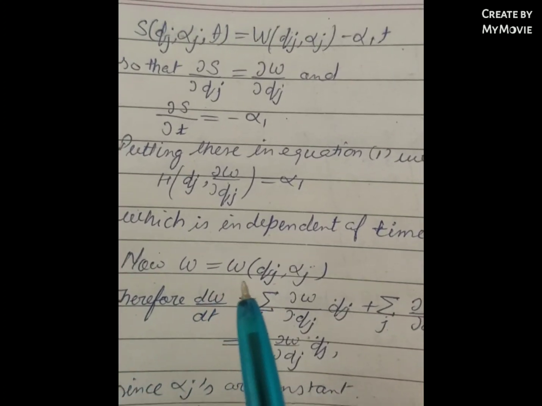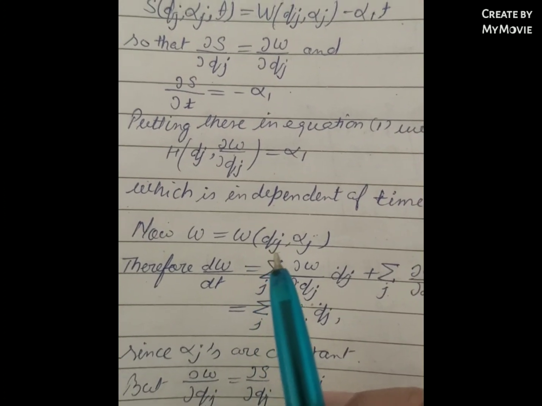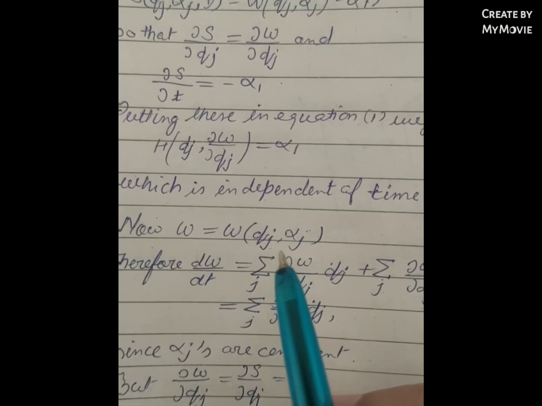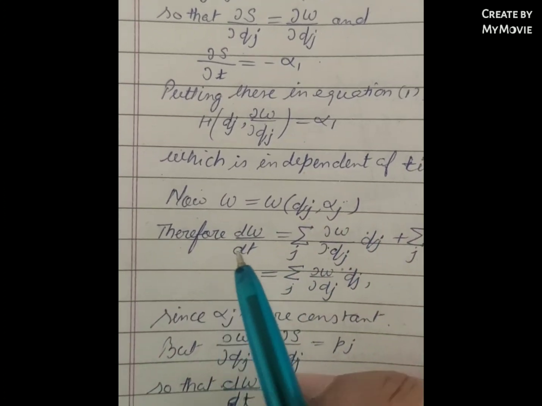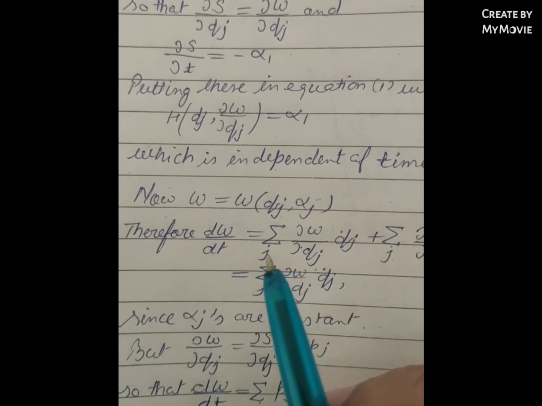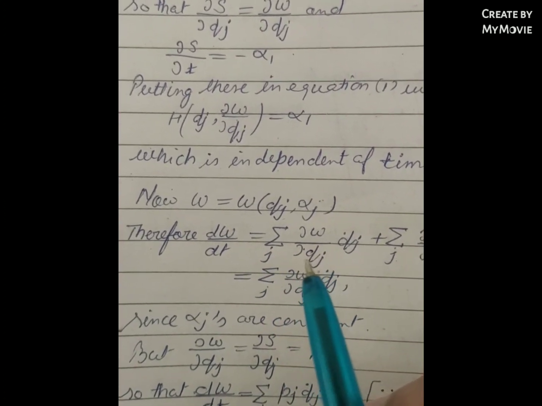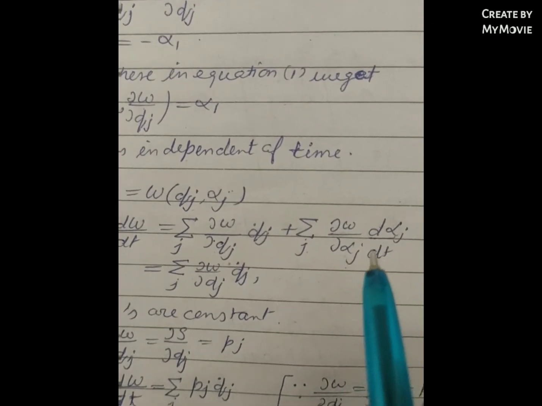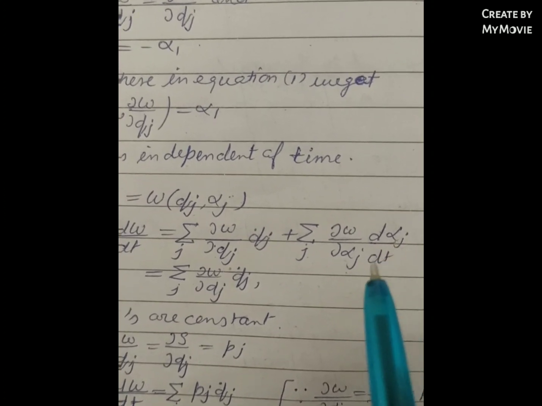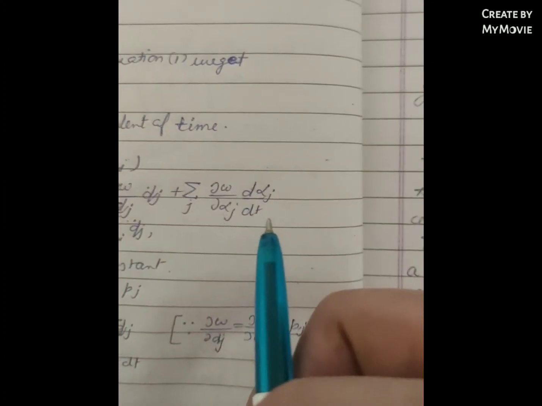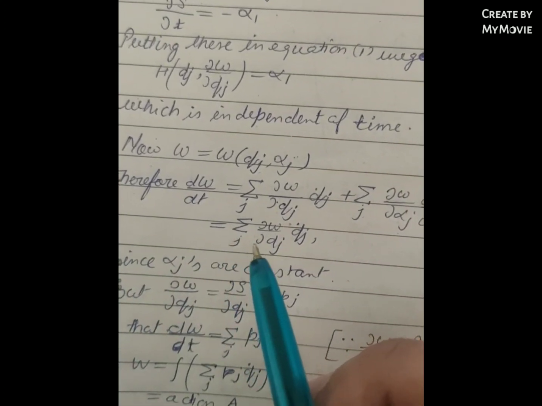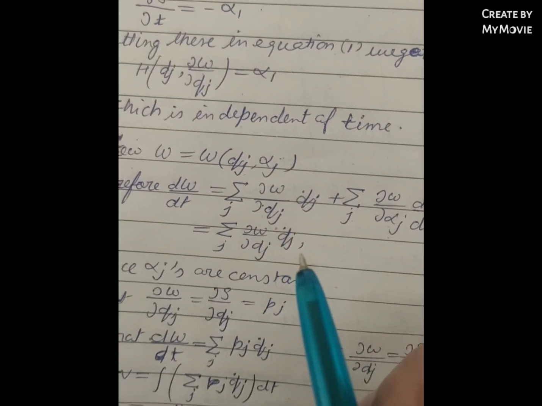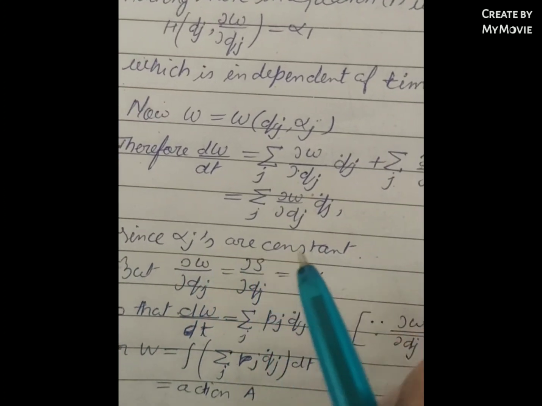Now W = W(qj, αj), therefore dW/dt = Σj ∂W/∂qj q̇j + Σj ∂W/∂αj dαj/dt = Σj ∂W/∂qj q̇j, since the αj are constant.